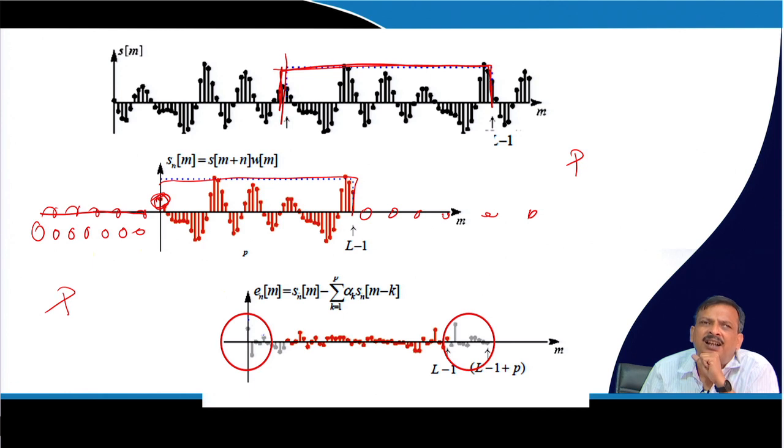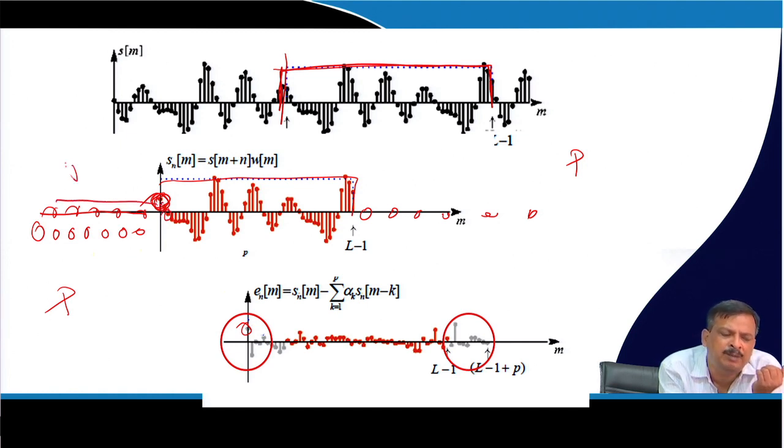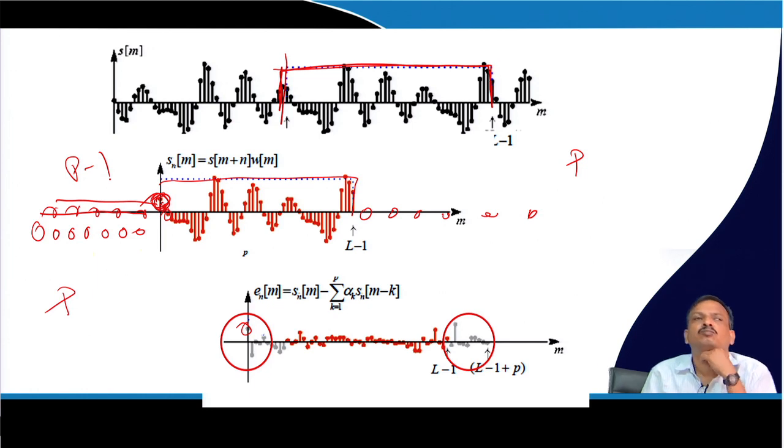So, what is the prediction error? It is nothing but the sample value itself, because a linear combination of 0 is nothing but 0. So, the prediction error will be maximum, equal to the sample value. Then the second sample, I am predicting from the first sample and the previous p minus 1 zeros.